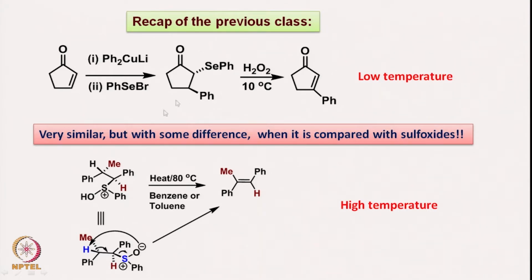Now this selenoxide elimination is done at relatively low temperature, for example 10 degrees.